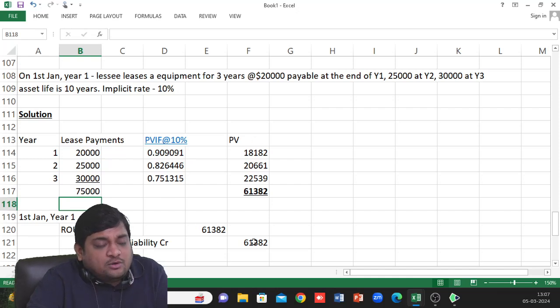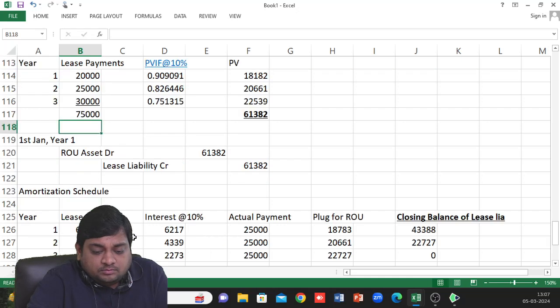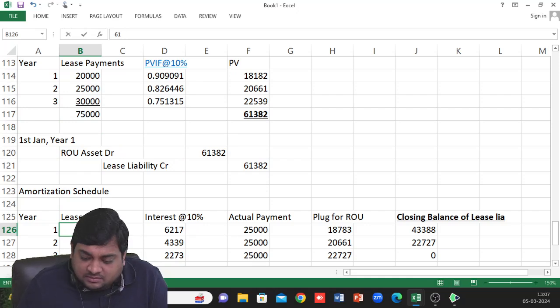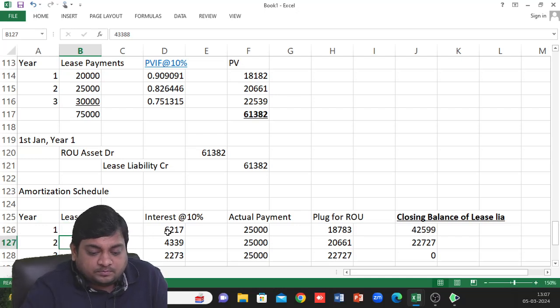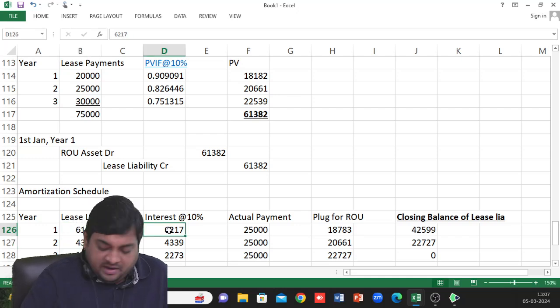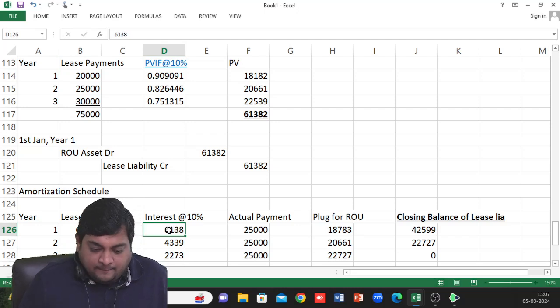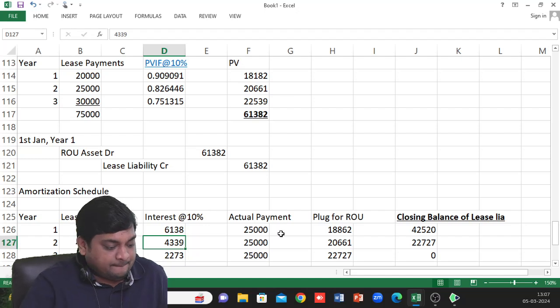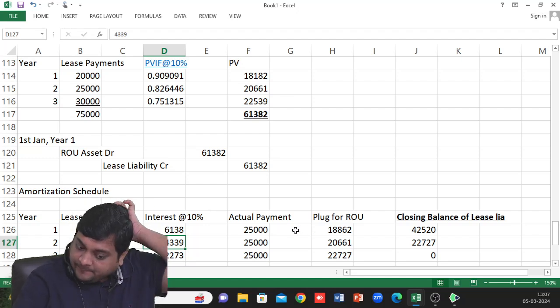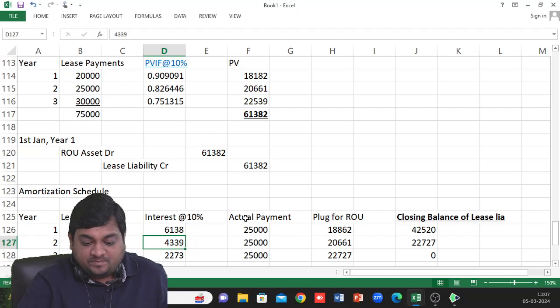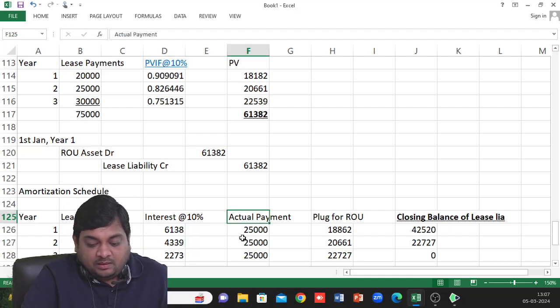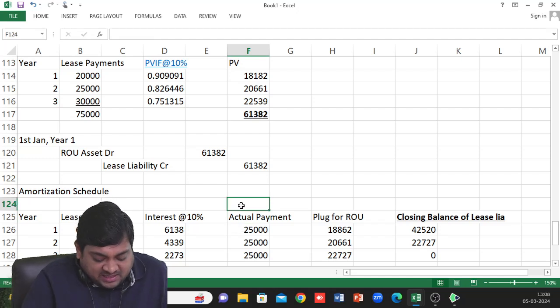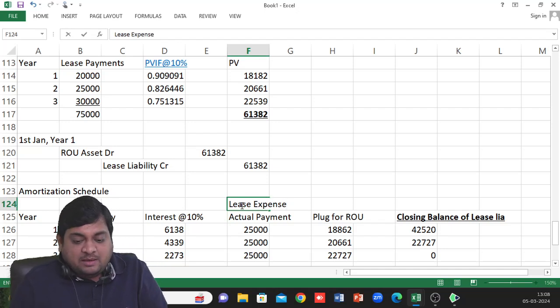So this entry is okay. We have got the present values. So here it will be 61,382. Interest will be 6,138. This is 25, the expense part. Lease expense which I am showing.